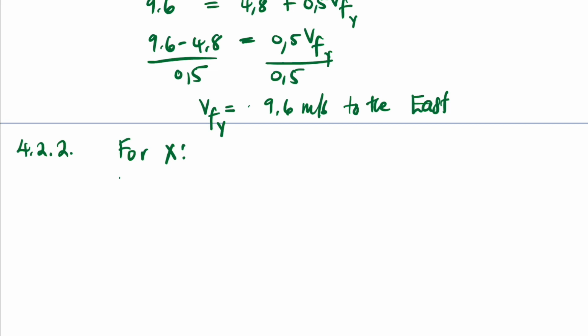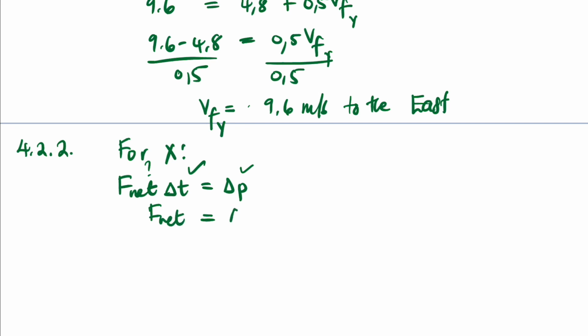So I'm going to use the formula that says F net times change in t is equal to change in momentum. So I'm looking for the F net here. I have time, and I will calculate the change in momentum. So let me substitute now. This is going to be F net.